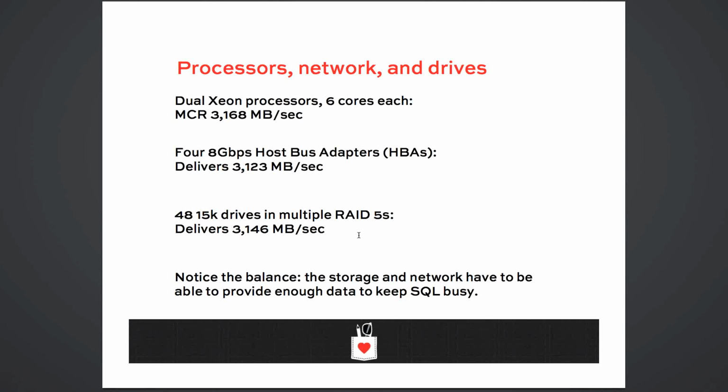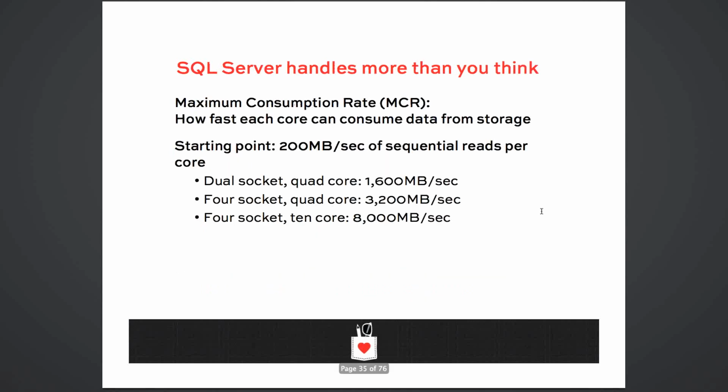I need 48 hard drives, all dedicated just to this one SQL Server with 2 Xeon processors in order to keep them busy. Often, we underspec those big time when we're dealing with SQL Server. SQL Server handles way more than you think, way more data.